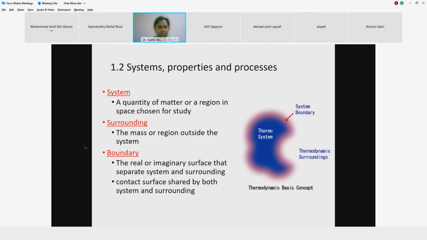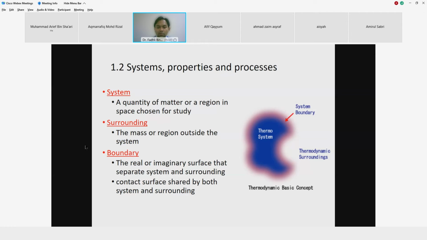First one is system. System is a quantity of matter or a region in space chosen for study. So they have a figure there. System is the blue one, the blue region. The blue region is called a system. Surrounding, the mass or region outside the system.